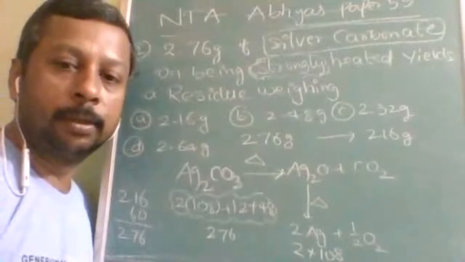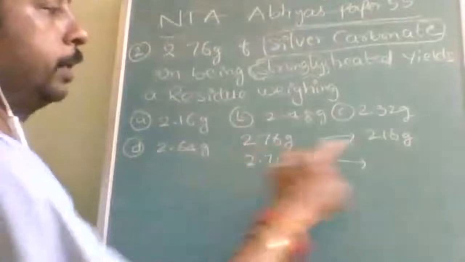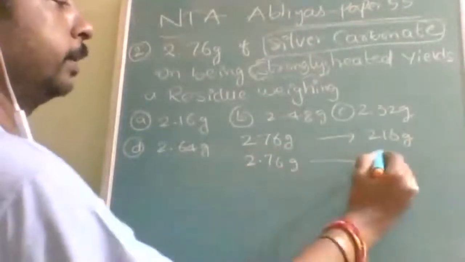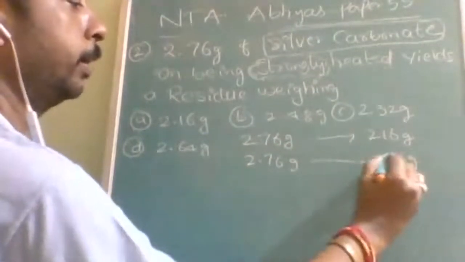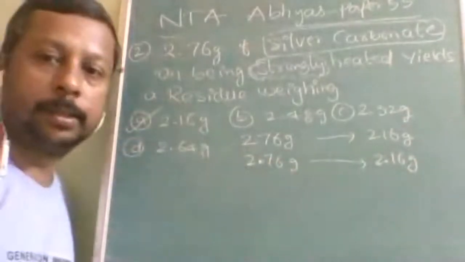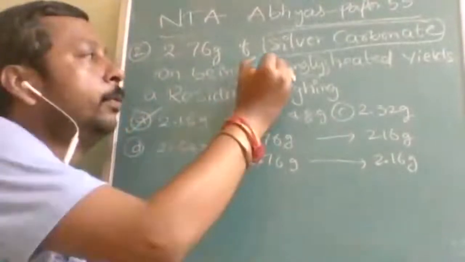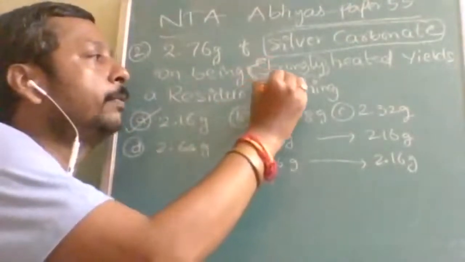The calculation is easy. 276 gives 216, so 2.76 gives 2.16. So option A is correct. This is not a typical question, but you can answer it if you know this fact.